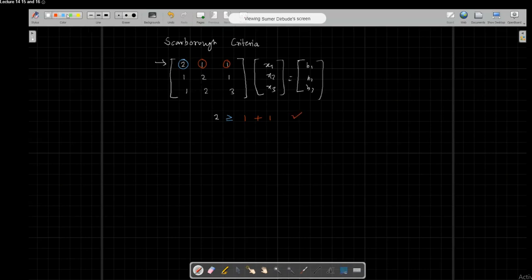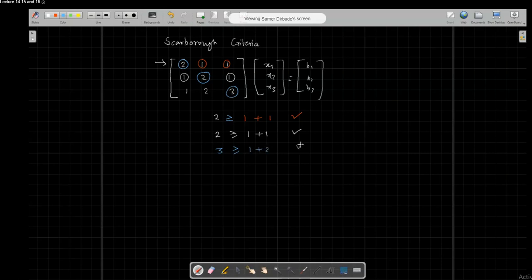Next, in the second row, 2 is again there and the others are 1 and 1. So 2 is greater than or equal to 1 plus 1. Satisfied. In the last equation, 3 is greater than or equal to 1 plus 2.